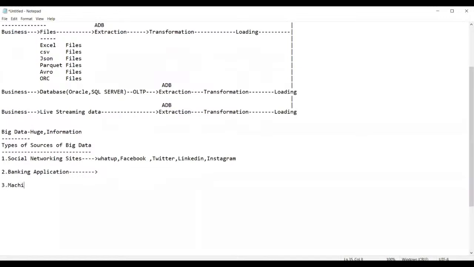Then we can also get the data from machine generated data. What do you mean by machine generated data, guys? The data which is generated by a machine. Suppose you have a CT scan machine, which scans the human body, or an MRI scan machine, and even the ECG machines.